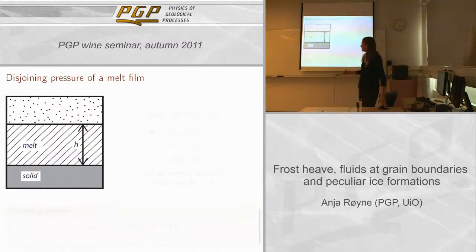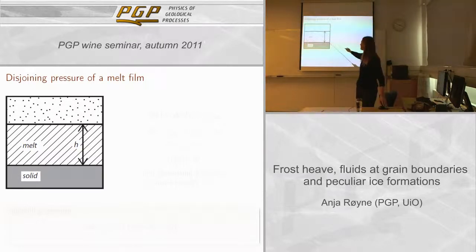So there's two components that we have to put into this. The first component is the disjoining pressure, and Paul has talked about disjoining pressures in a seminar earlier, and I've talked about it before too, so we'll do it again.